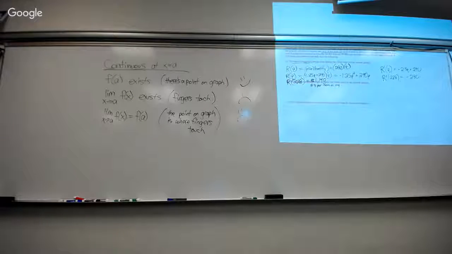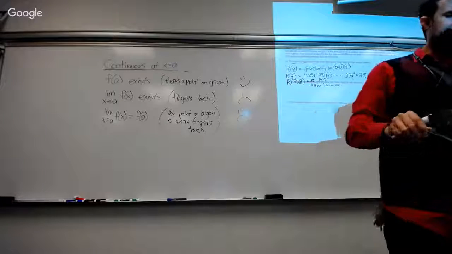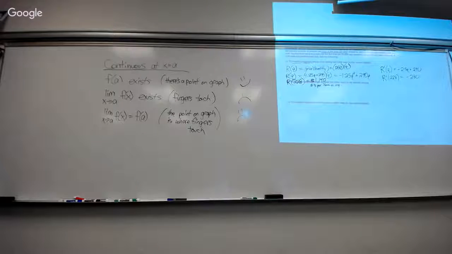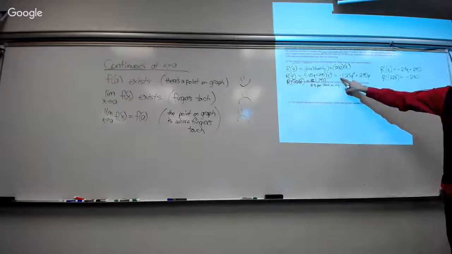I was losing money. Now, how does that even make sense? We already know that on average, we're bringing in a revenue of $5 per item. But we're saying that the revenue from the 228th item is negative. Well, first of all, what's the shape of this curve?